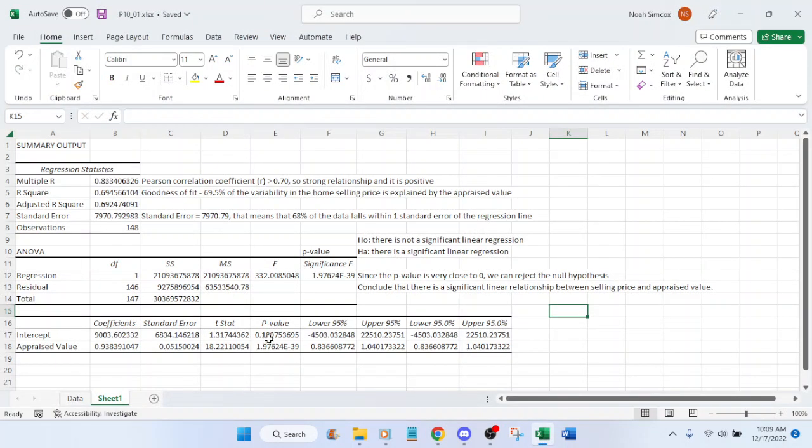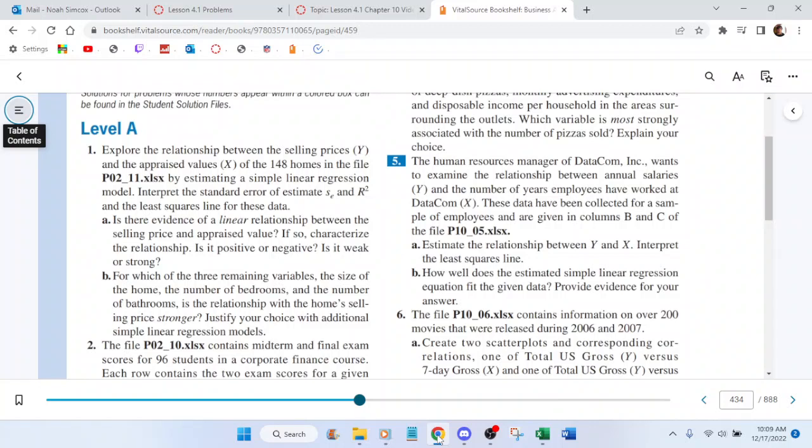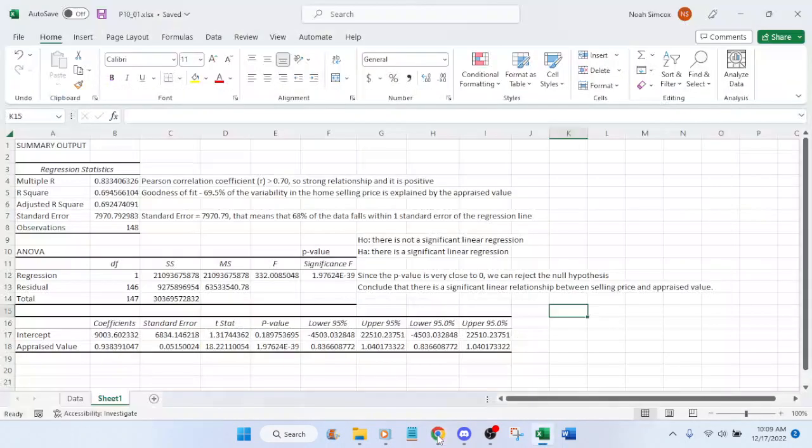We need to do this 3 more times, but please tell me we don't have to write all this extra stuff 3 more times too, right? I think all we need to do is look at this part right here and compare the p-values or something like that. Or no, we probably just need to compare these numbers right here.